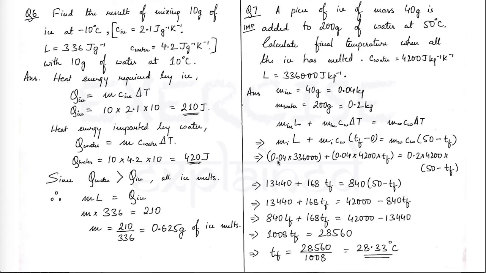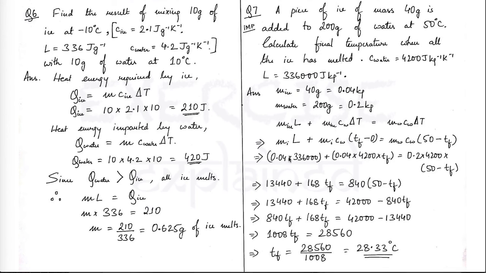So mass of ice is 0.04 into 336,000, plus the mass of ice that has got converted to water remains the same, that is 0.04, into specific heat capacity of water, that is 4200, into Tf minus 0 gives us Tf only, is equal to mass of water, that is 0.2, into C of water, that is 4200, into delta T, which is nothing but 50 minus Tf.